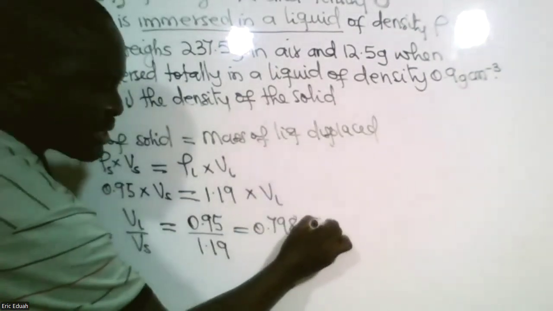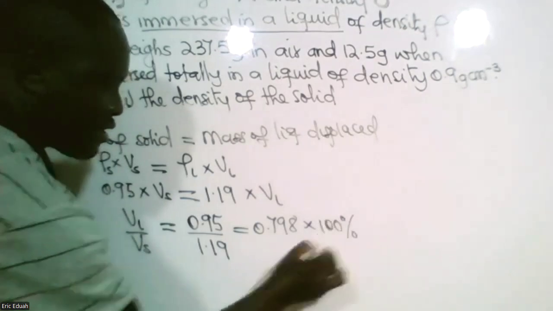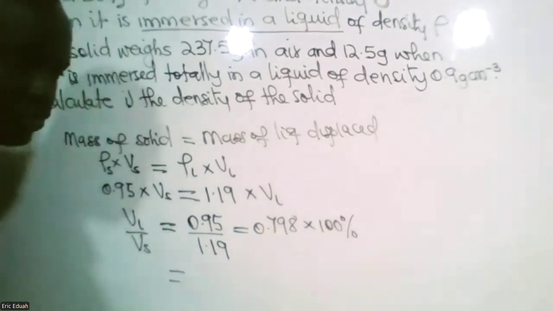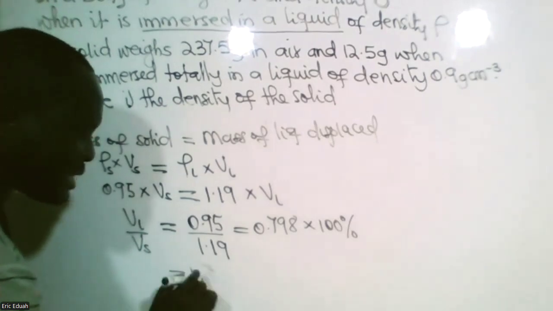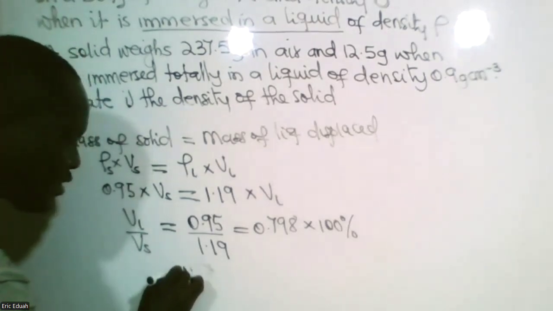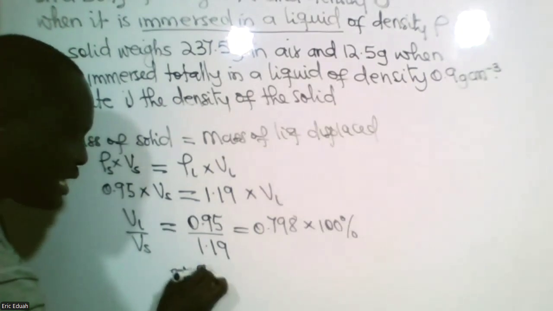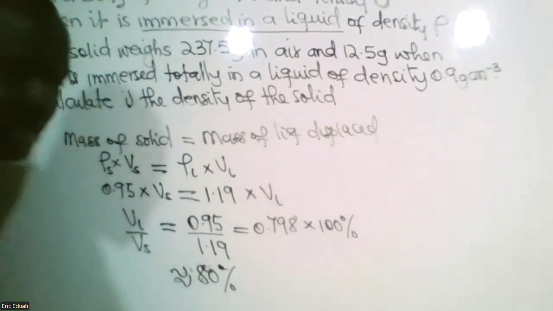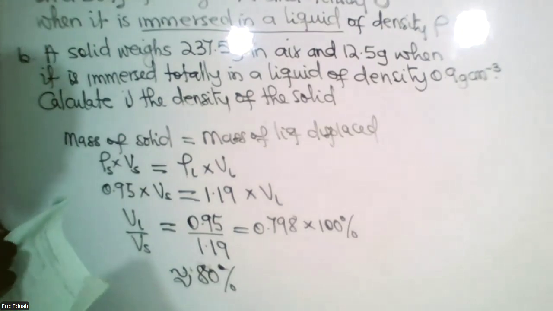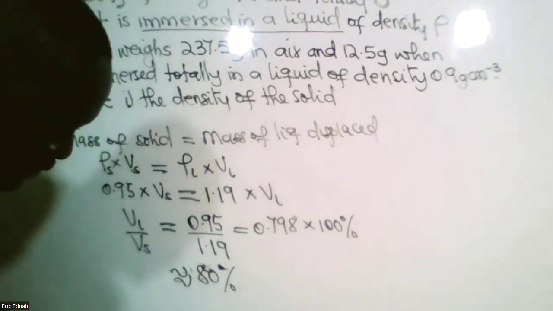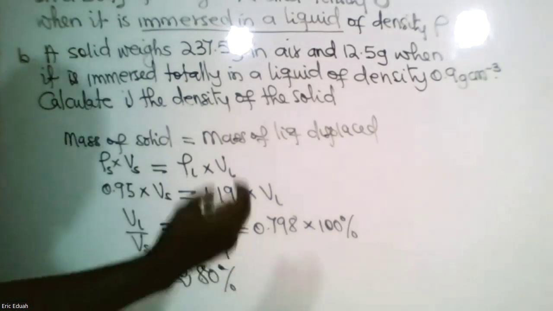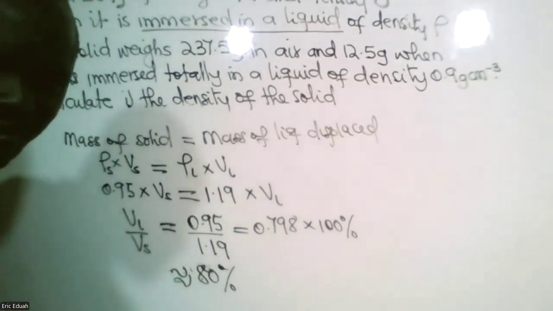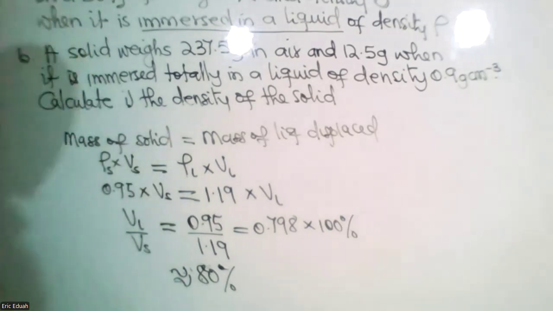Times 100%, this is approximately 80%. What I have is the fraction of the solid submerged in the liquid. The fraction of the solid submerged in the liquid is 80%.